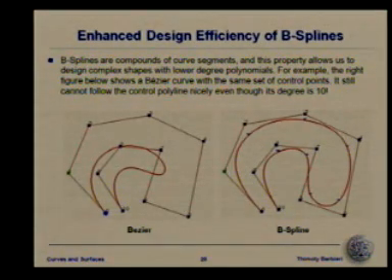It's actually like you are defining in one go, in only one equation, 1, 2, 3, 4, 5, 6, 7, 8 Bezier curves stitched together in a compound Bezier.